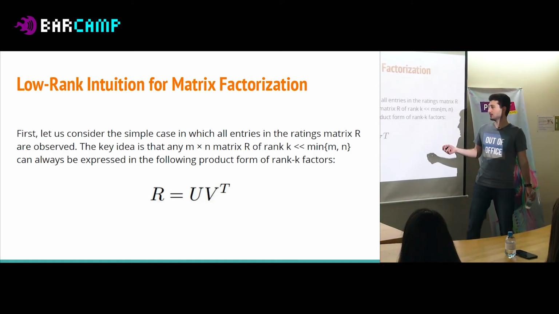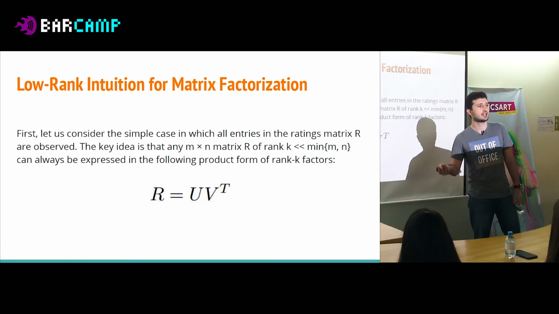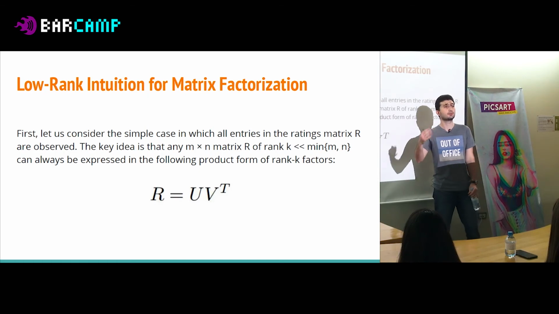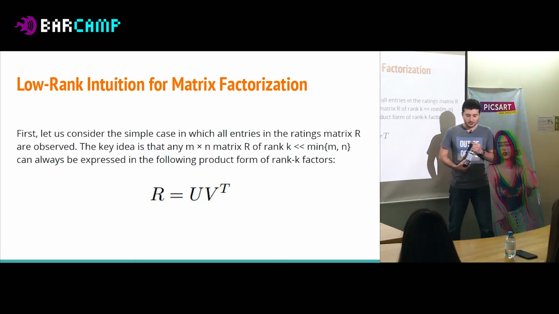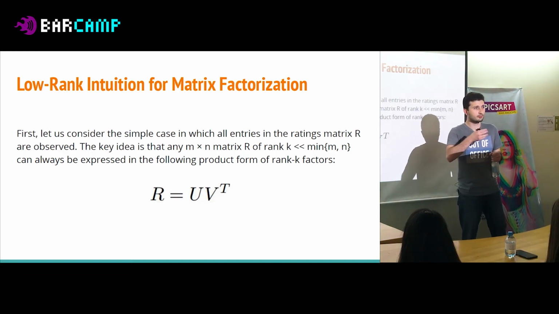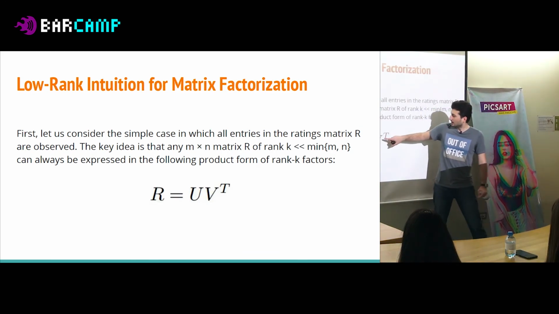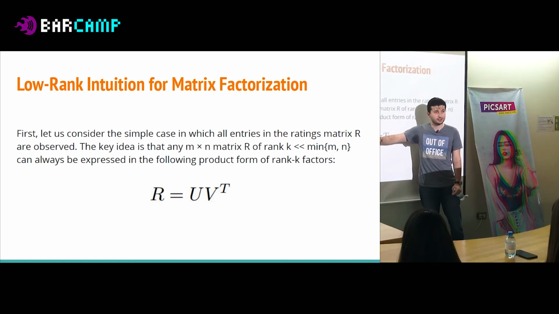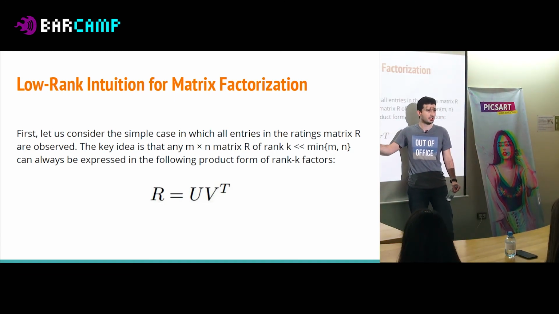Because there is a result in linear algebra: if you have a matrix of size m by n, and the matrix is fully specified, so you have values in every entry, and the rank of the matrix is k, then you can factorize this matrix into two matrices, m by k and k by n, without loss of information. So you can fully reconstruct matrix R by multiplication of matrices U and V, in case one of the dimensions is equal to the rank of the matrix R.